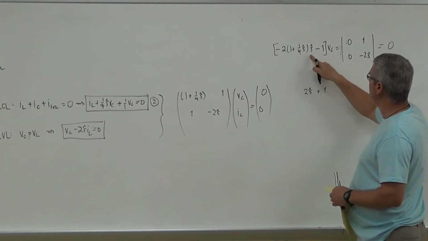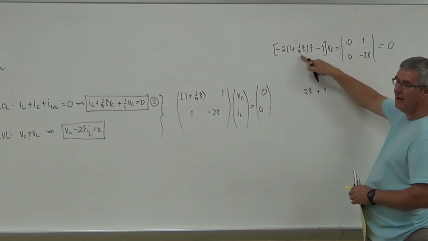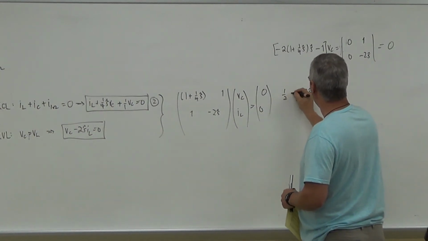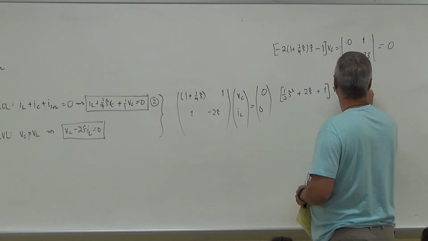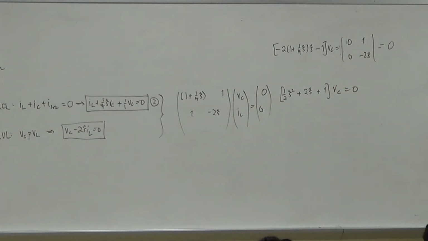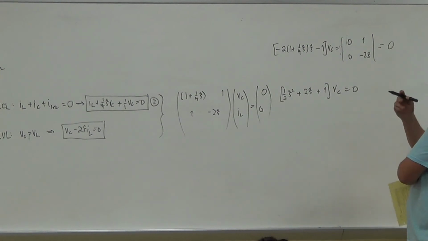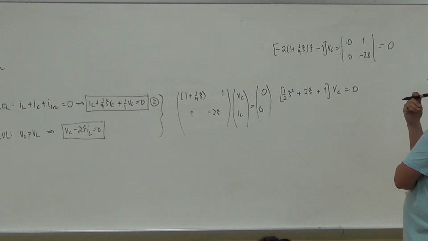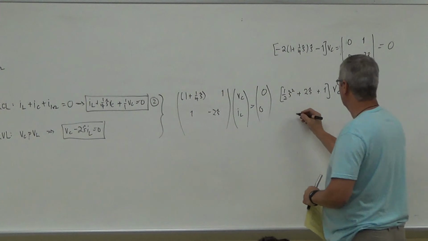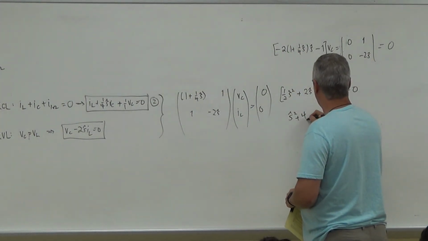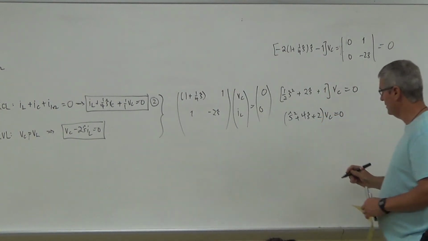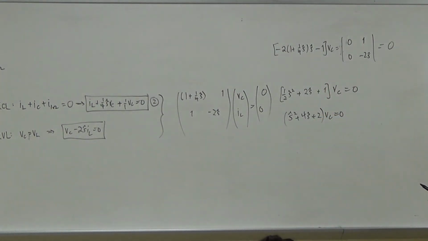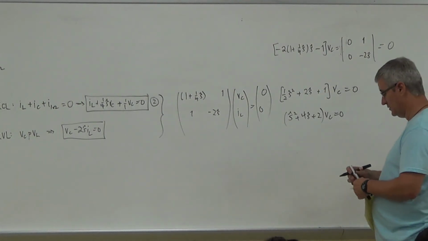And then I need the S squared term, so that 2 gives me a 1/2, so I should get 1/2 S hat squared plus this. Now let me check my algebra here. Is that right? I think so. Yes, that's correct.